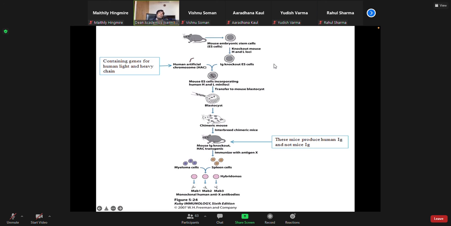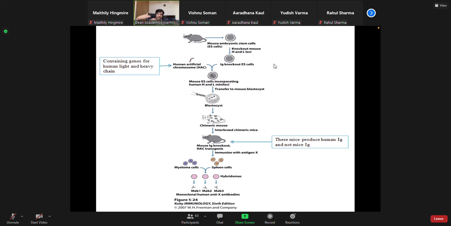Now, if you breed it on a particular background, some of these animals are going to lose that sequence, because your sequence is inserted into the chromosomal locus, and these are diploid. If it is inserted in one of the loci, the corresponding other chromosome of the diploid set does not have this.